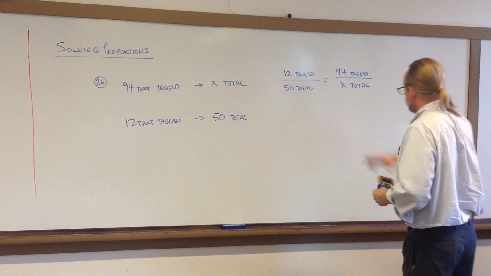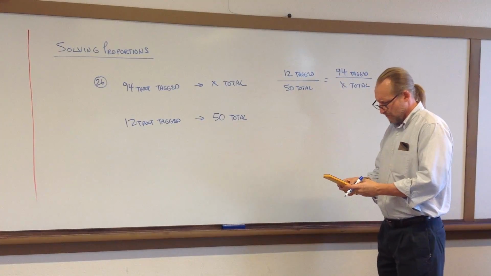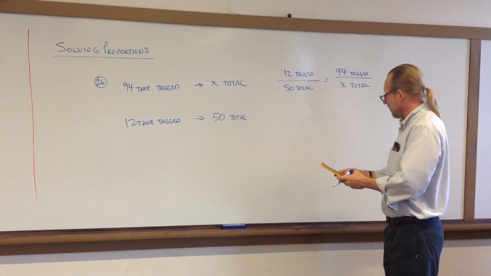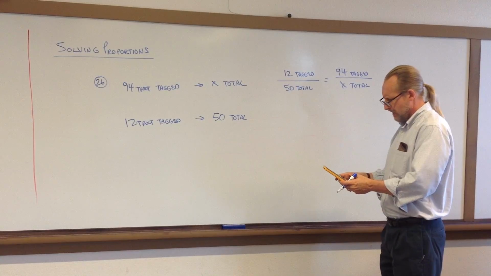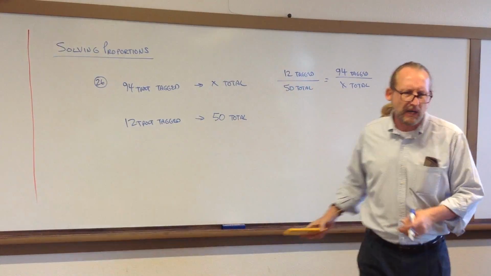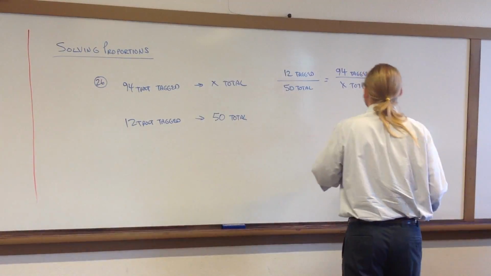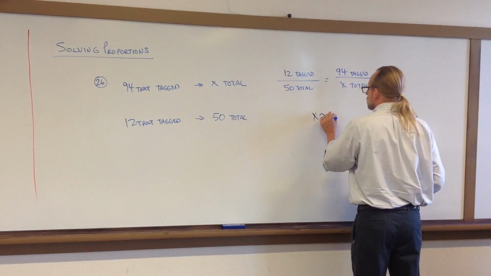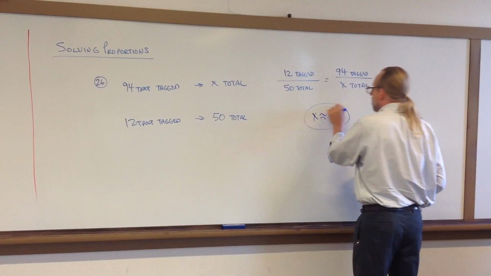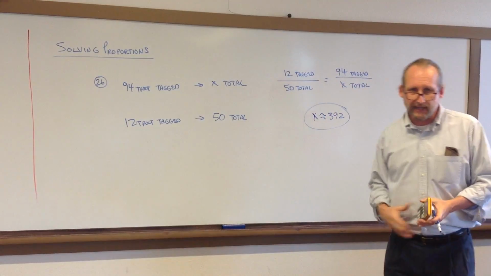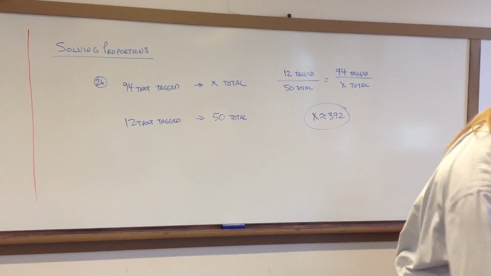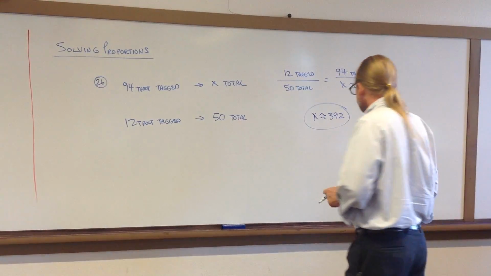So then if we go 50 times 94, there we go, and then divide by 12, and I think the problem says round to the nearest whole number, so that would be about 392. Okay, because this is just a way to get a rough estimate on wildlife populations.